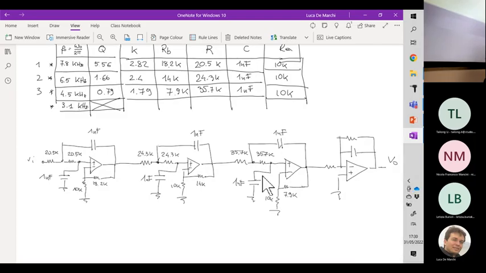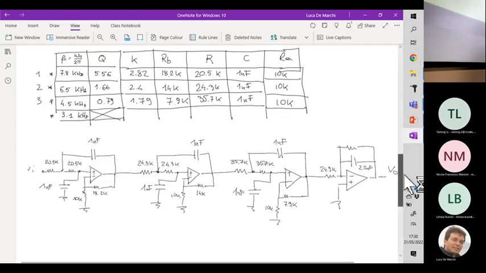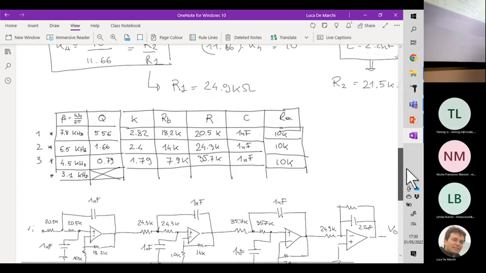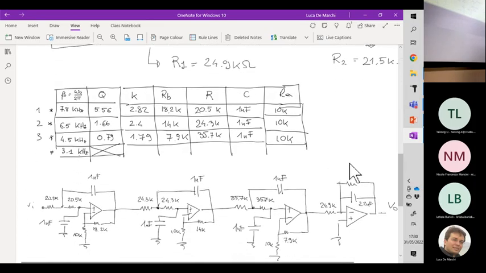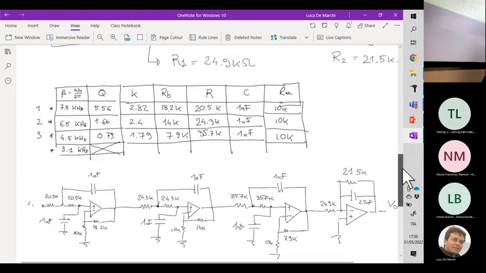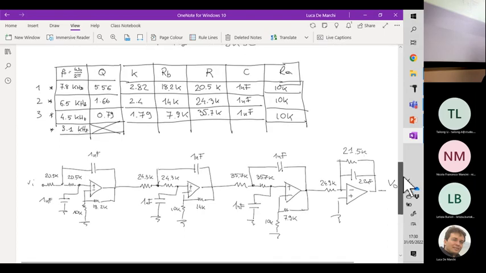So the first order stage is characterized by 2.2 nanofarad capacitance, 24.9 kilo ohm for resistor R1, and 21.5 for resistor R2. Okay, so this is the implementation of the global transfer function.